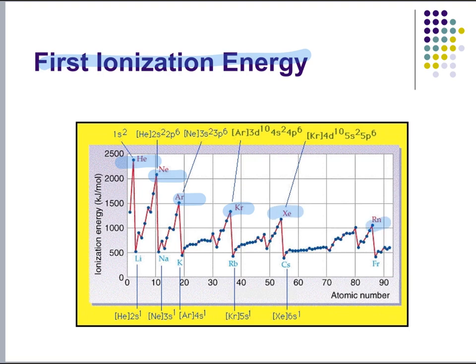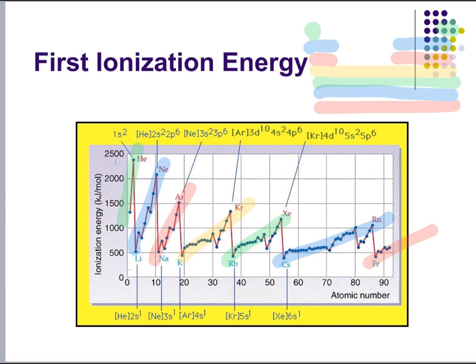These are our noble gases, the furthest to the right on the periodic table. As we just discussed, if it's the furthest to the right, it's going to have the most protons in its row across. So when we see those peaks, we can tell that those elements have the highest ionization energy from that set.